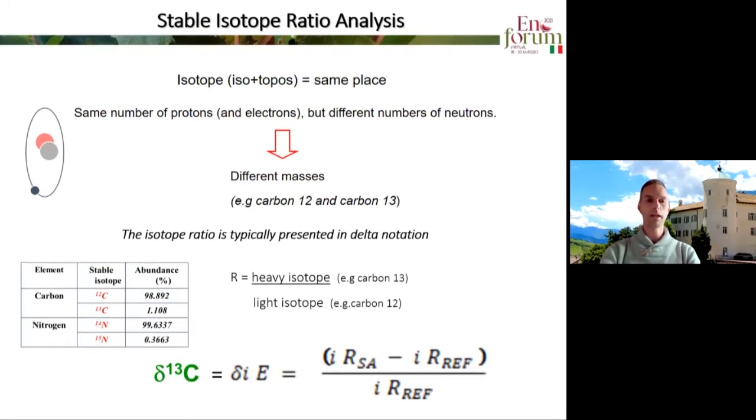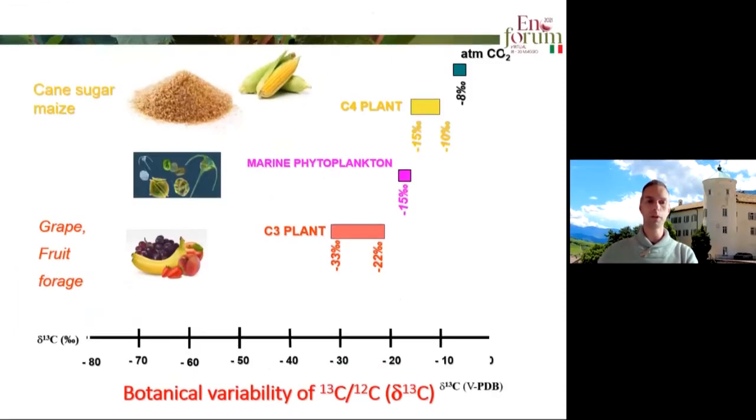You see in the box that normally in nature, you have a higher presence of the lighter isotope, 99% in the case of carbon 12, while carbon 13 is only approximately 1% in nature. Carbon changes depending on a number of factors, and especially the plant origin.